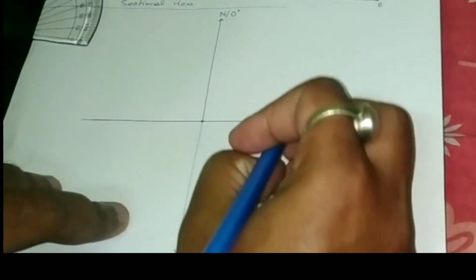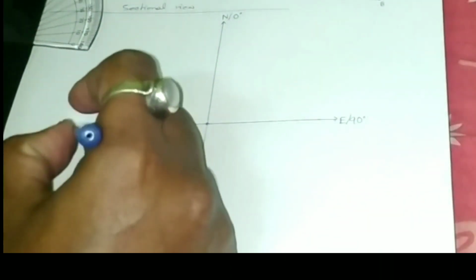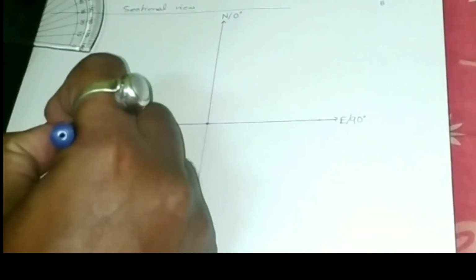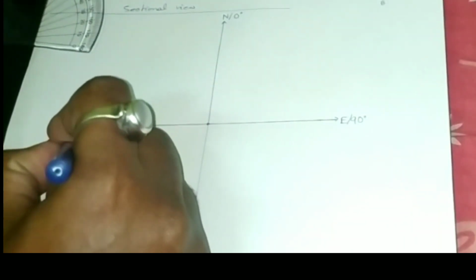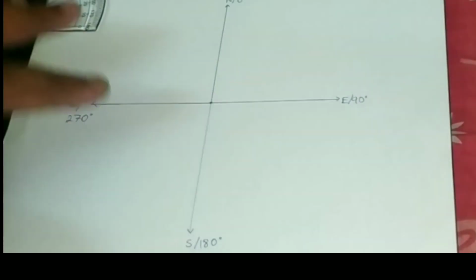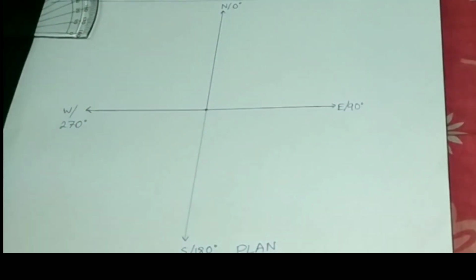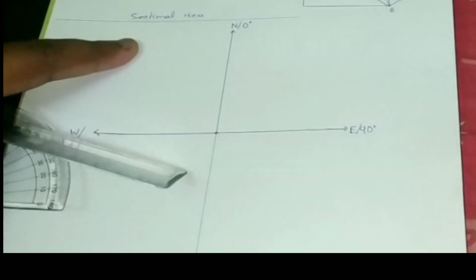This is the east or 90 degree, and this is west or 270 degree. So this is the plan view, and above sectional view.